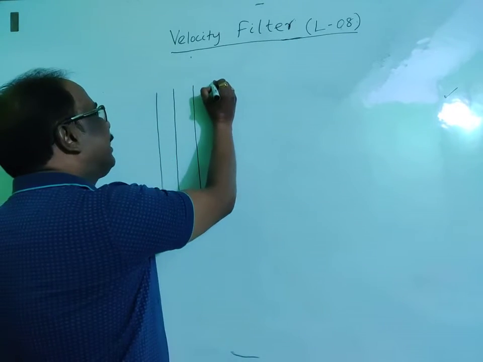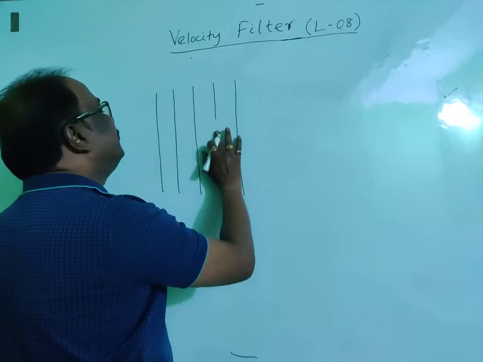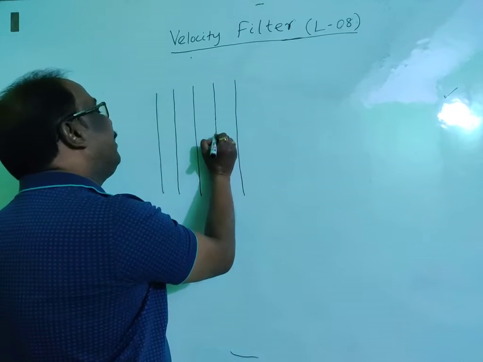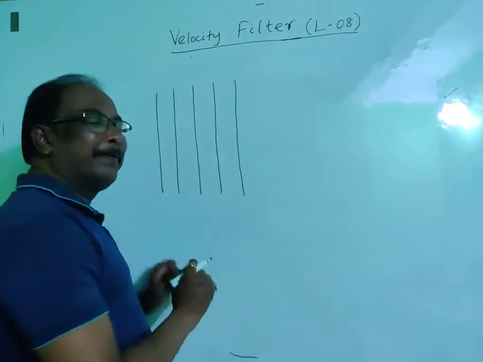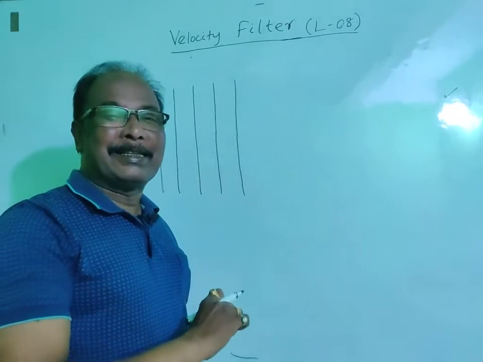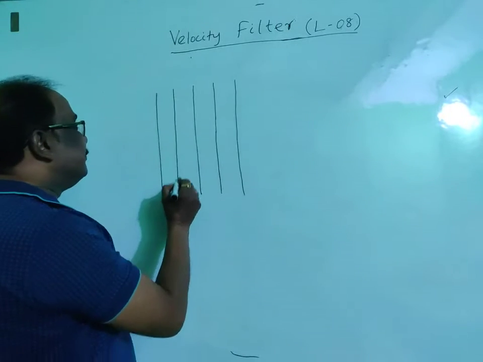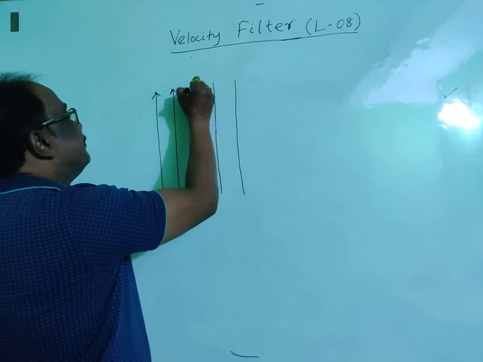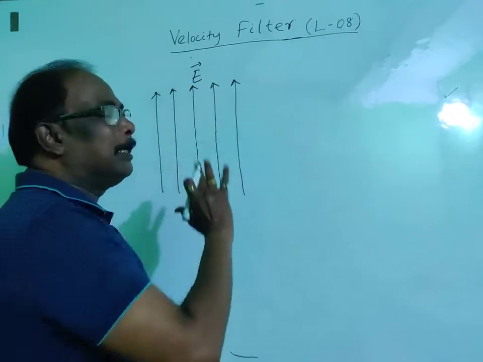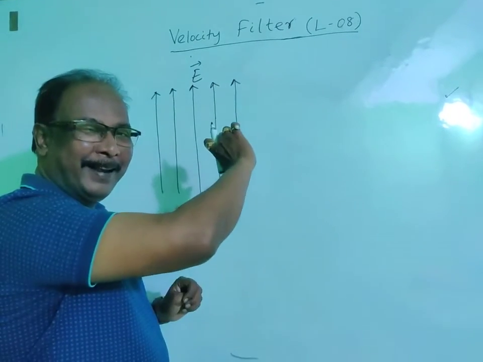The field is uniform if field lines are parallel and equidistant. Imagine this is the direction of the electric field, and I have represented a uniform electric field in this space, directed in the upward direction.